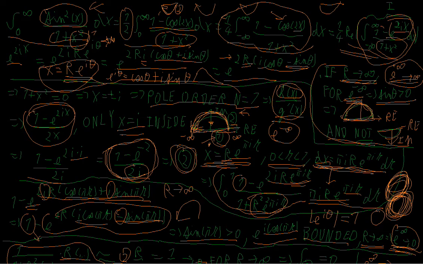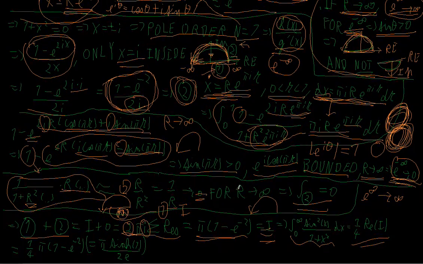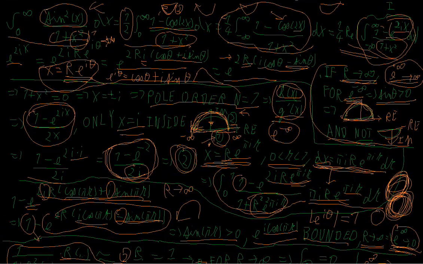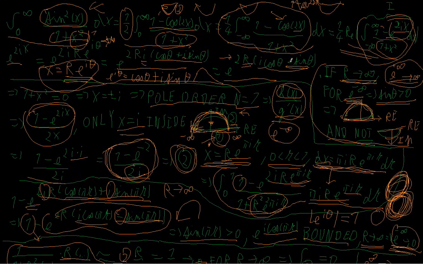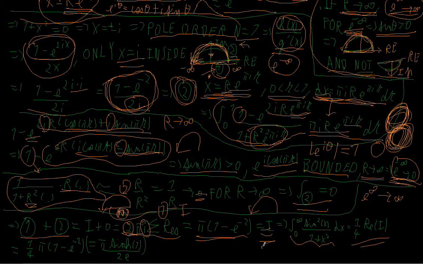You cannot read it, but still it's the same thing. I hope you can read it. And so at the end we know that our original integral is simply equal to 1 over 4 times the real part of that final result.